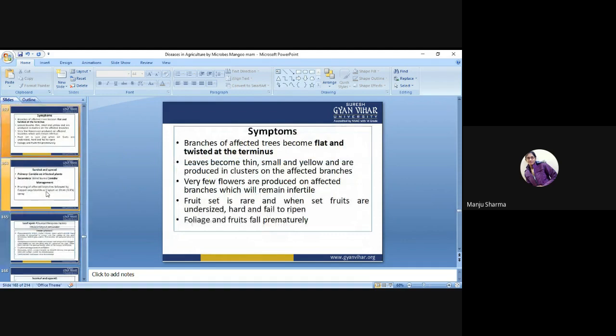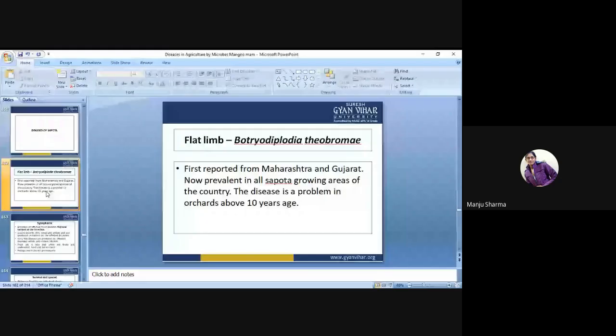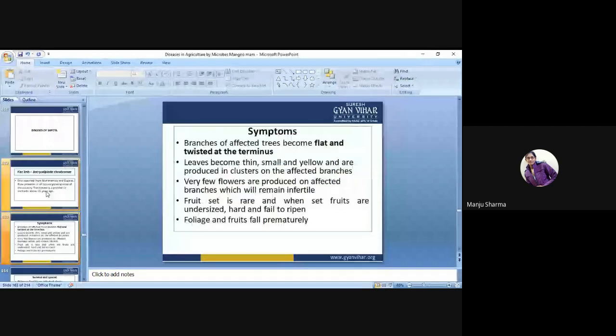Now, the diseases of sapota. Flat limb, caused by Botryodiplodia theobromae, first reported in Gujarat and now prevalent in all sapota growing areas of the country. The disease is a problem in orchards above 10 years of age. Symptoms: branches of affected trees become flat and twisted at the terminus.